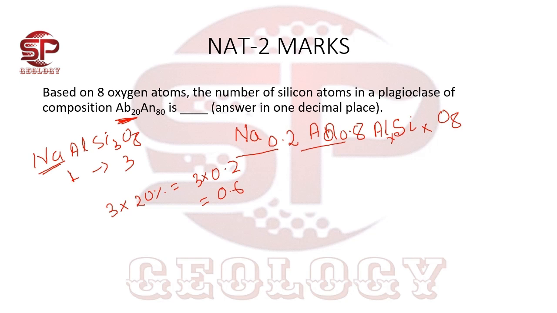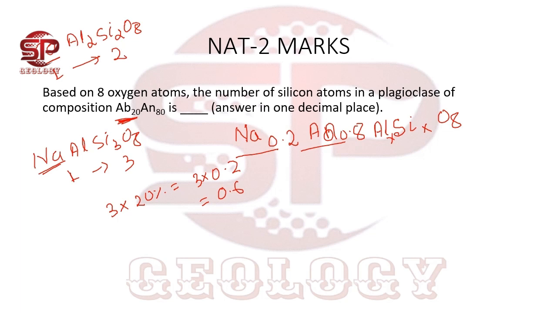Then for calcium, or for anorthite, the formula is CaAl2Si2O8. So when calcium is 100% or 1, Si is 2.